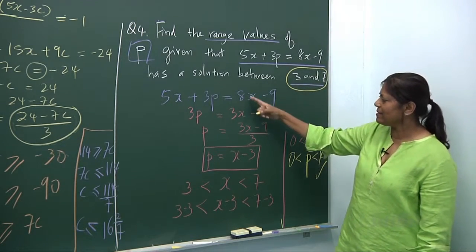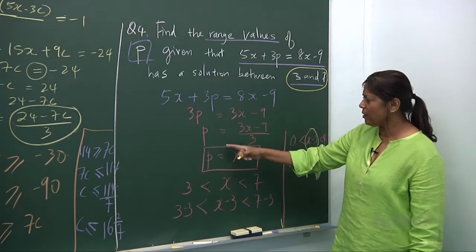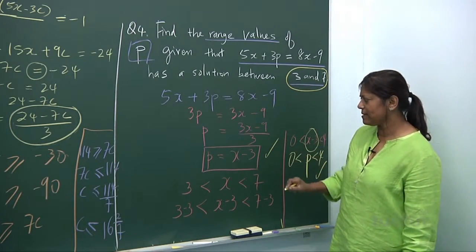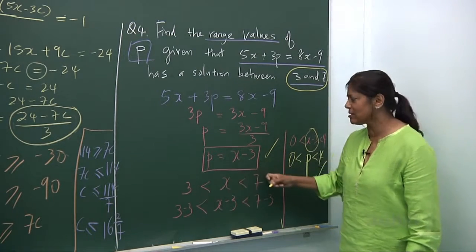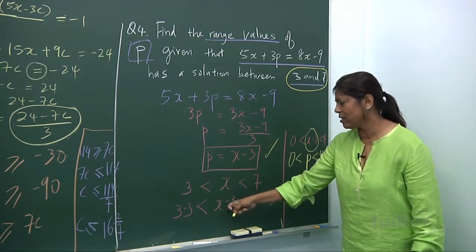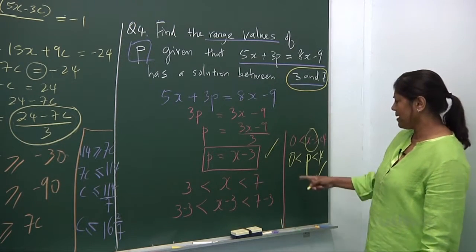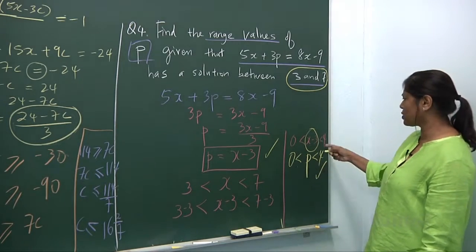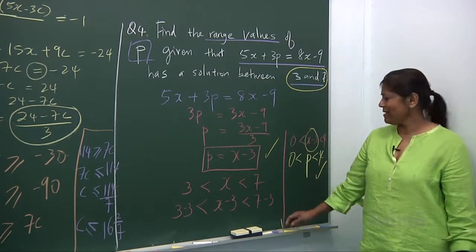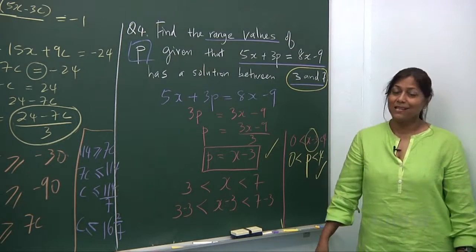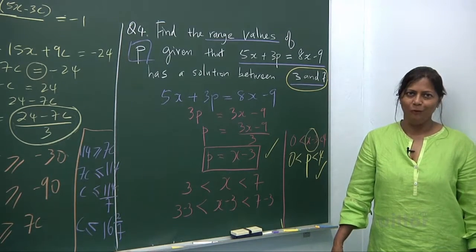So you solve it, and these two are equal. Your p is this, and you know that x is between 3 to 7. Put a minus 3 on either end. 3 minus 3 is 0, 7 minus 3 is 4. And x minus 3 is none other than p. That's your range of p, between 0 to 4.